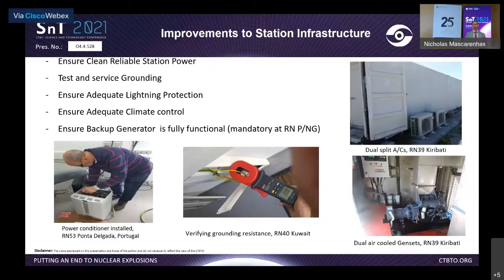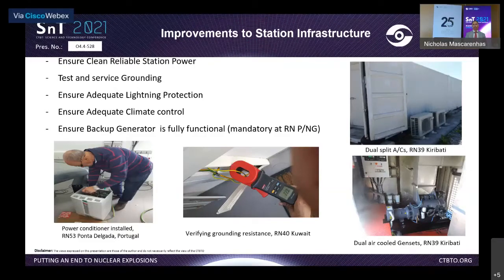On the bottom left, you see a guy installing a power conditioner. That's one of the things we found was very useful. In addition to the power that we secure from our local sources, we sometimes found it's necessary to improve the UPS that's installed in many of our stations, with a power conditioner, which then improves the quality of the power further and protects against spikes and other damaging things that can come down the line.